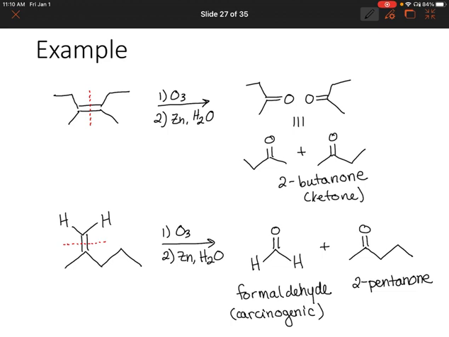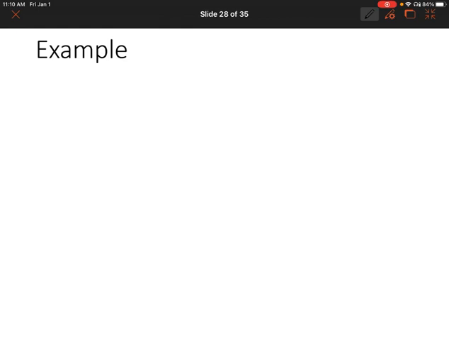All right, let's try a slightly harder one. So let's do a more challenging problem, I should say. Let's look at a bicyclic compound. I know these are everyone's favorites.